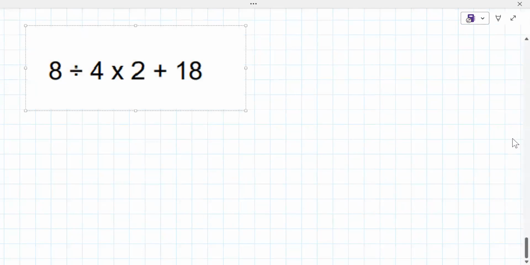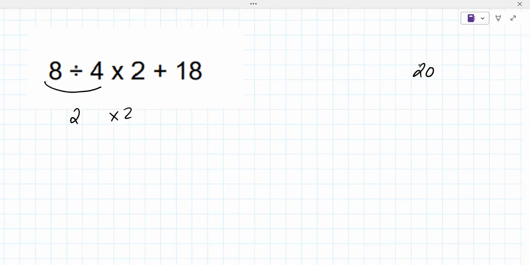So please give that a try and let me know what you come up with. $20. Your answer is 20. Let's take a look at that. So 8 divided by 4 is 2 times 2 plus 18.